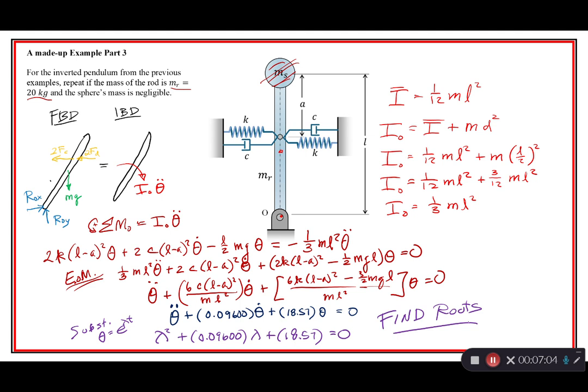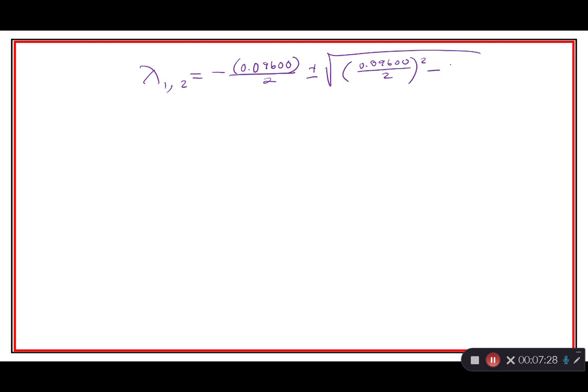And I find the roots on the next page. And I get lambda 1,2 is equal to negative 0.09600 divided by 2 plus or minus the square root of 0.09600 divided by 2, squared, minus 18.57.